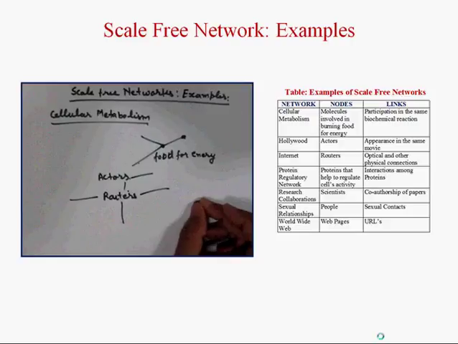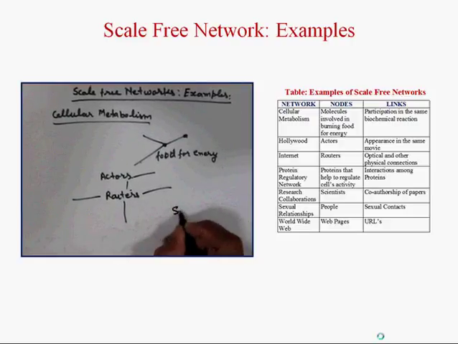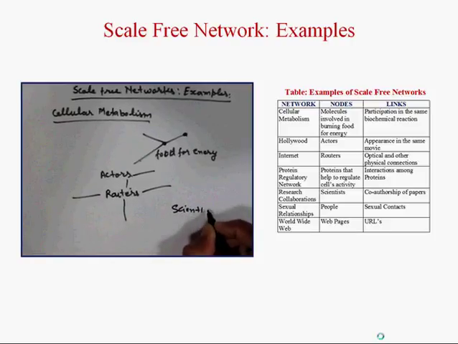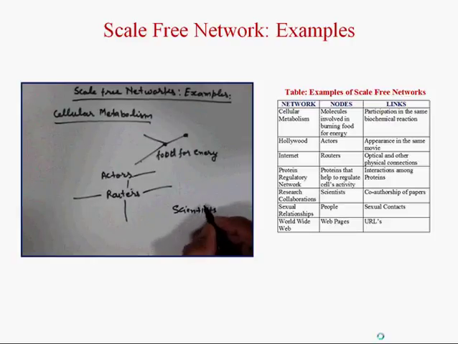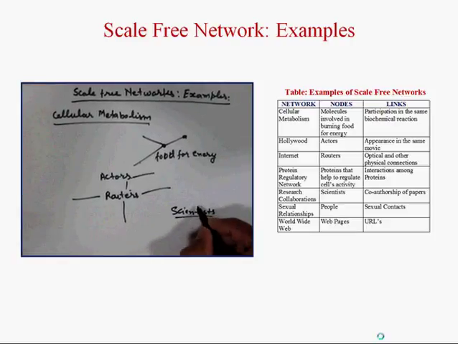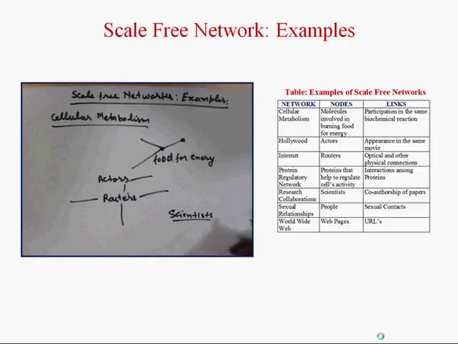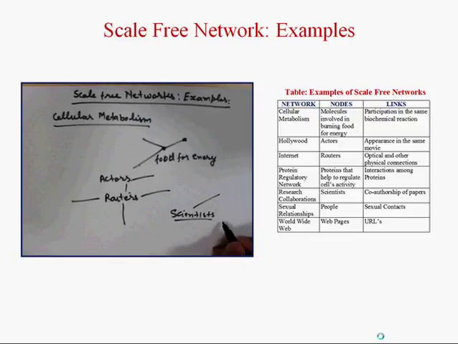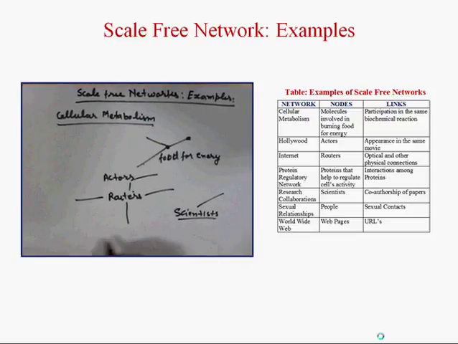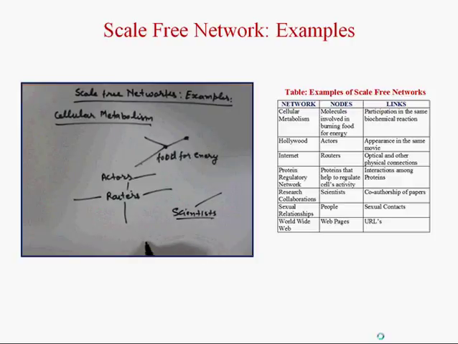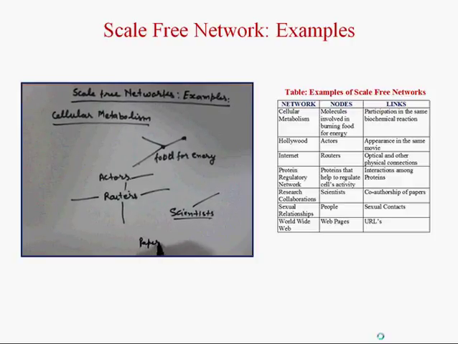Similarly, in research collaborations, scientists act as nodes, and their co-authored papers create the links. For example, in paper 1, this is the main author.